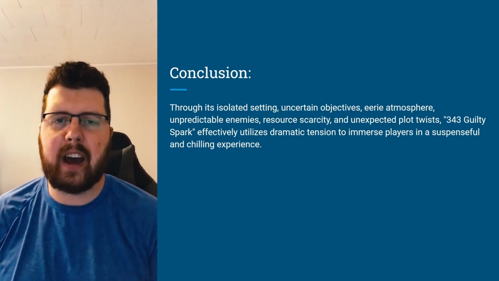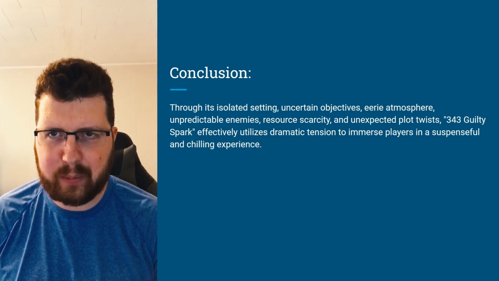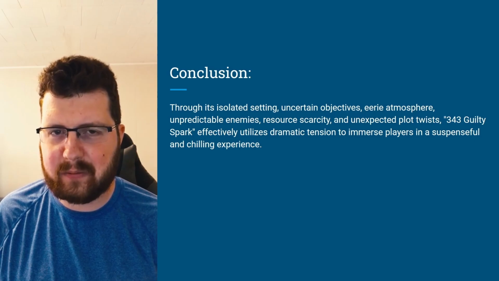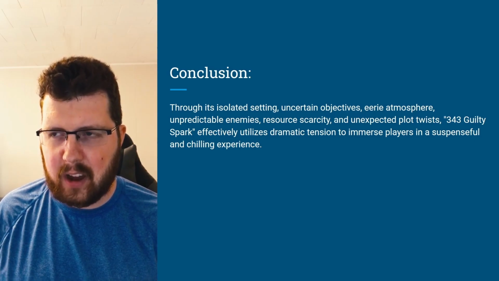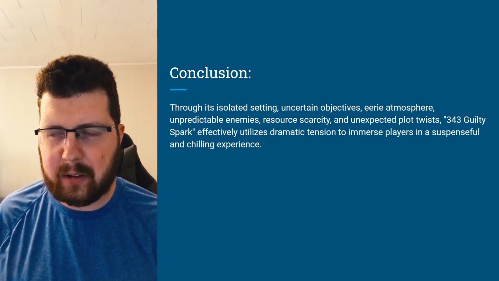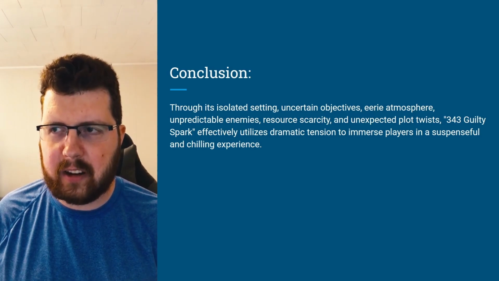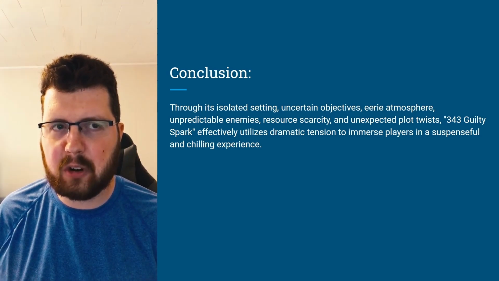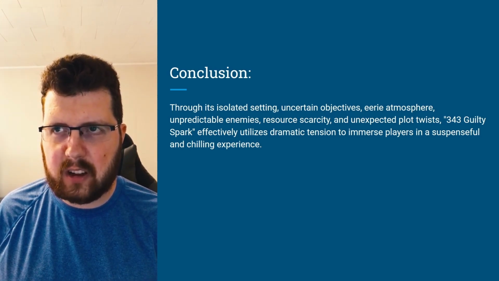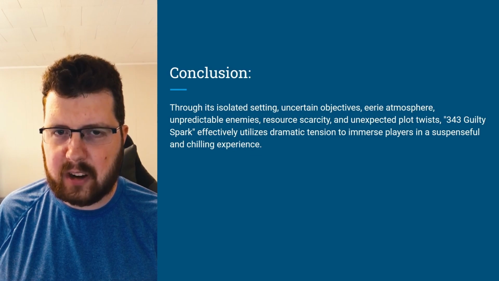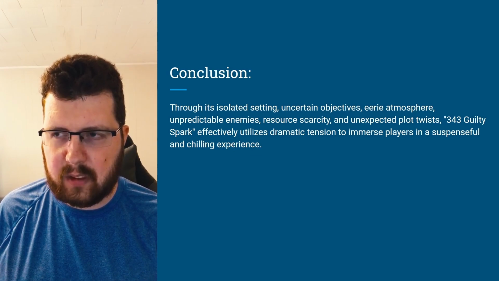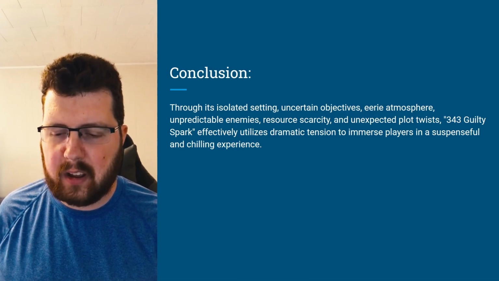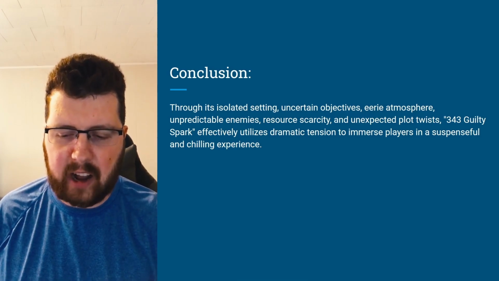One thing I wanted to add to this section is I got ChatGPT to do an outline for me for this, if that's not obvious at this point. But I noticed as I'm reading this that it said that the 343 Guilty Spark level takes place in Installation 04, which I haven't played the game in a few years, so I'm not sure. I know the level starts in a swamp, and then you go underground into a facility.